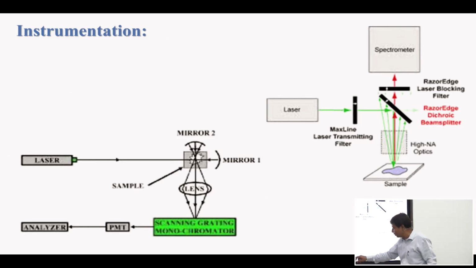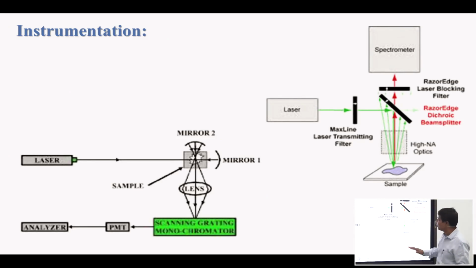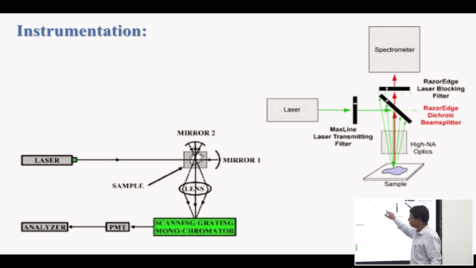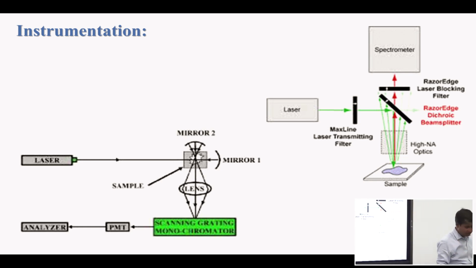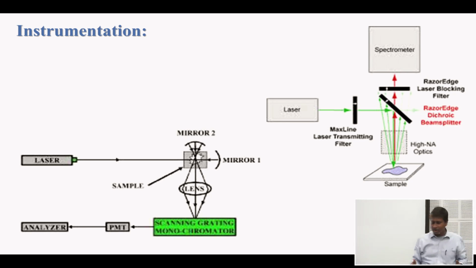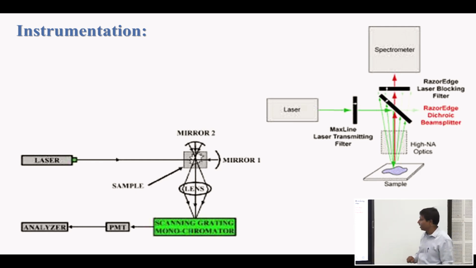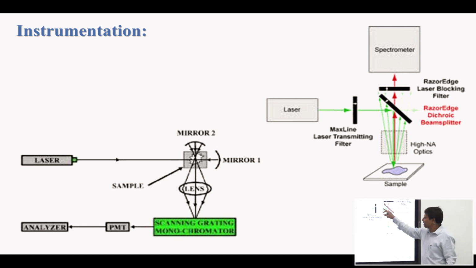Overall, for the instrumentation, you should have a laser because you need a strong excitation source. Then usually you have a beam splitter. The laser light comes and falls on the sample.